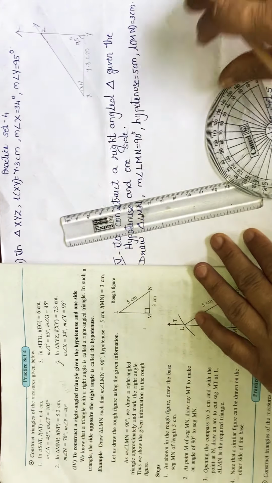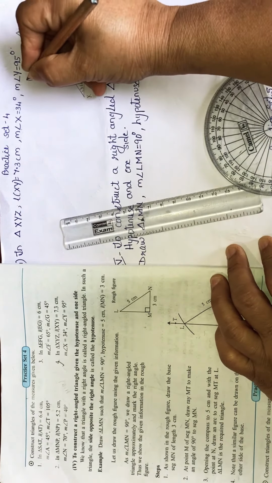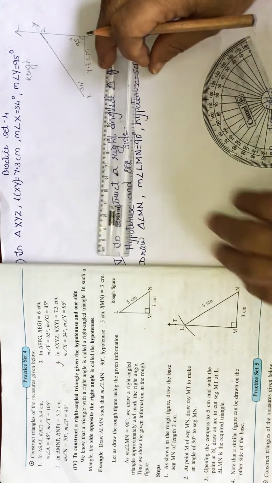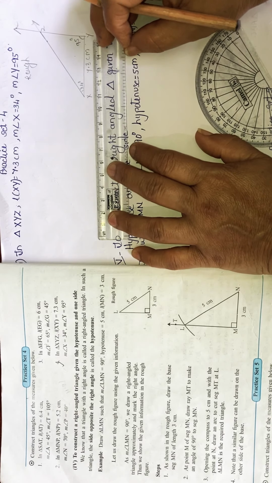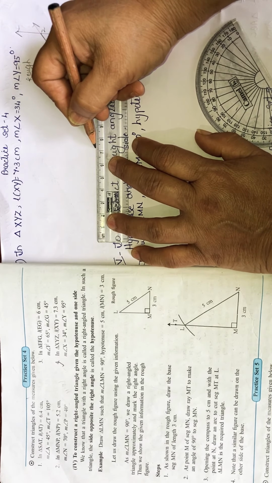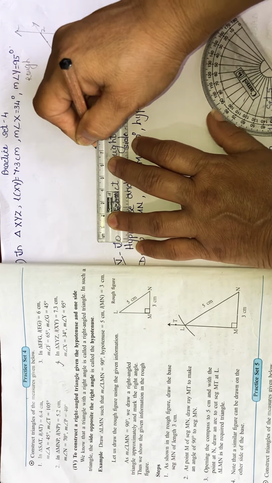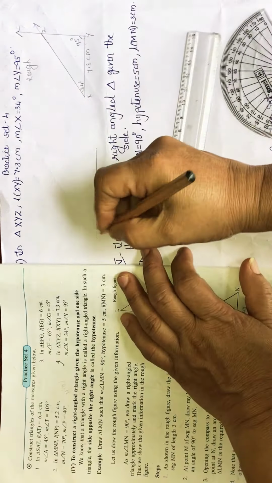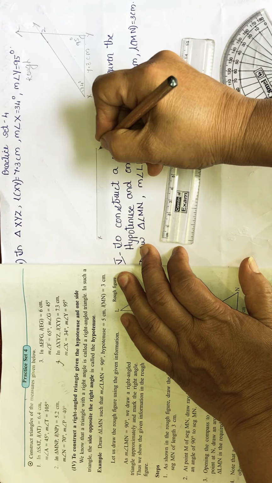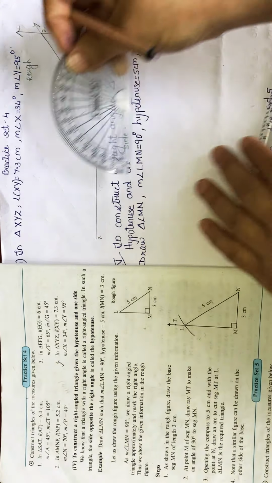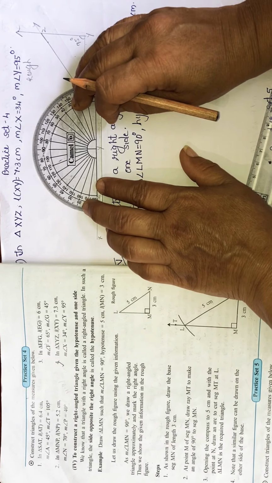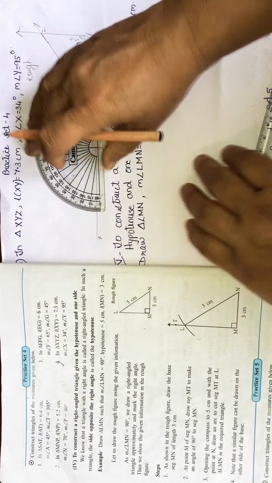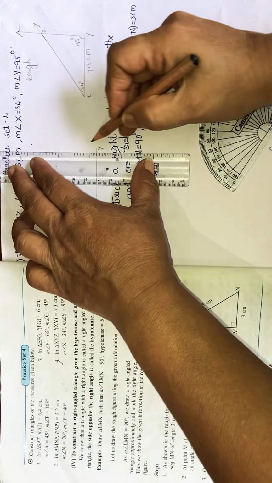Okay, now let's draw the fair figure. This was your rough figure. Similarly, the fair figure. So now let's take the exact measurements. Now this is 7.3. So this is X and this is Y. Now Y we can take as 95 degrees. So here we begin here. So let's draw the line segment.